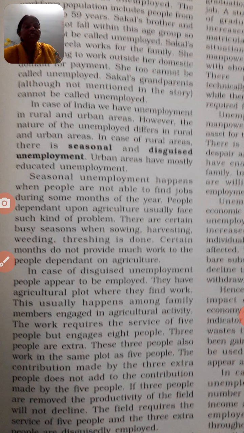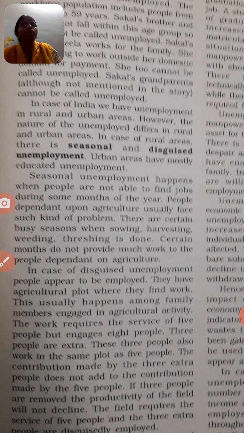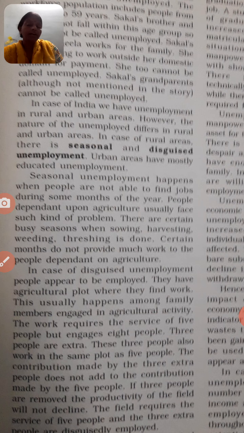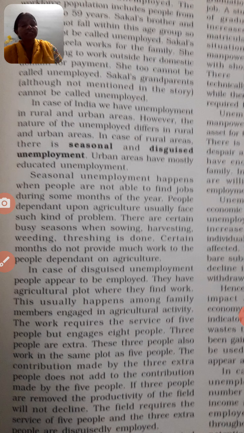So what is seasonal unemployment? It is a type of unemployment in which workers or landless laborers working on the field are unable to get work all 12 months of the year, because farming is done in various seasons. Some crops are grown in the Kharif season, some in the Rabi season, and some in the Zaid season.